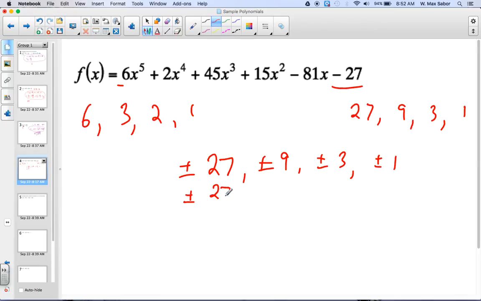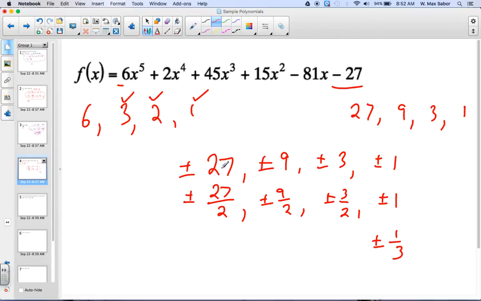Well, each of those will be a new thing. So I've checked off 1, I've divided by 2. If I divide this by 3, it's already listed. If I divide 9 by 3, it's already listed. If I divide 3 by 3, it's already listed. If I divide 1 by 3, that's plus or minus 1/3. So we have to do that as well.